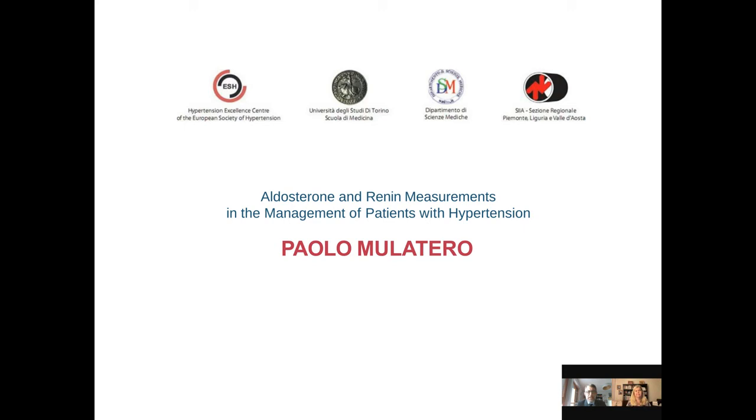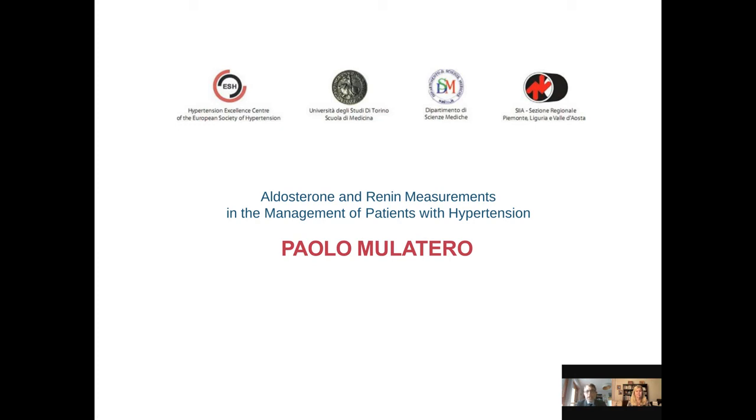Okay, this is a frequent question that clinicians ask me. First, hypertension is such a diffuse condition that even just 5% of the people is an incredible number of patients. Second, hypertension is a chronic condition. So if you are a hypertensive patient of 40 or 45 years old, you will have at least 30 or 40 years of treatment.